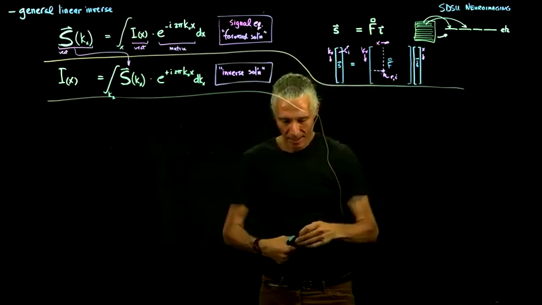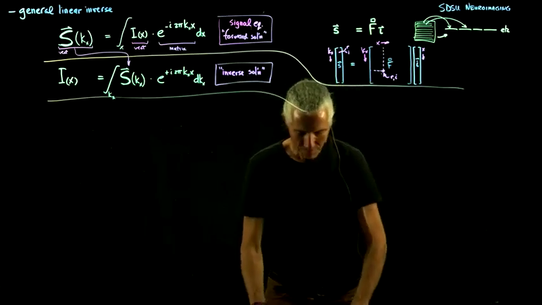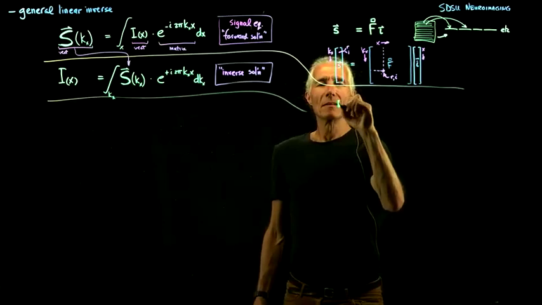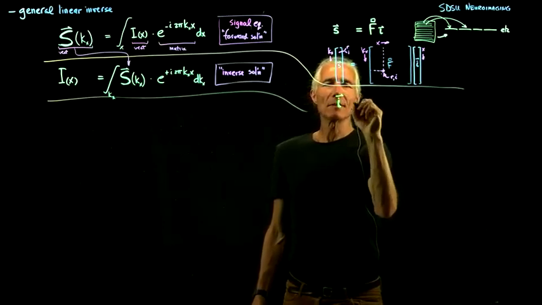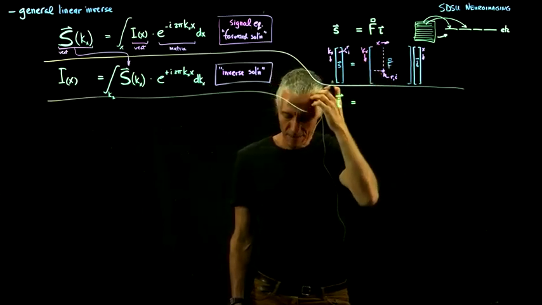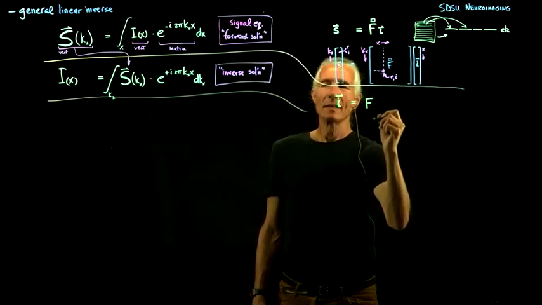Our inverse is, we just have to figure out, here's our image vector, and once we've inverted that matrix, then we can just multiply by our inverse.